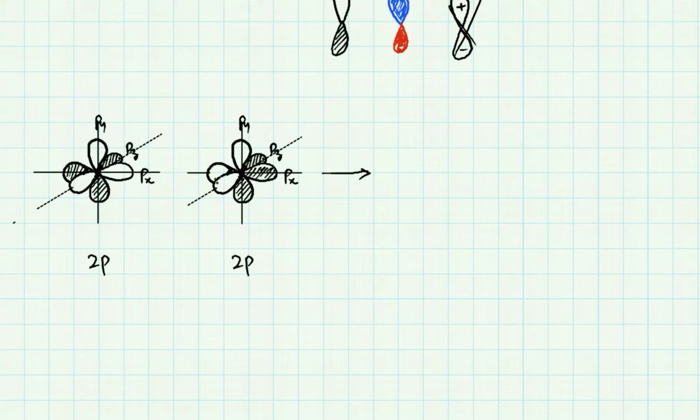So we have talked about two types of combination: in-phase combination and out-of-phase combination. Now let's look at what happens when these atomic orbitals combine together.